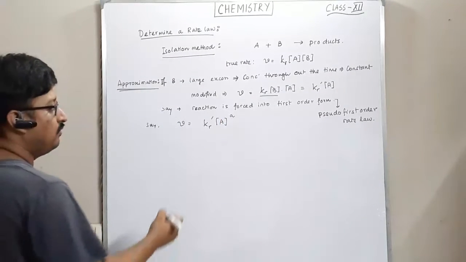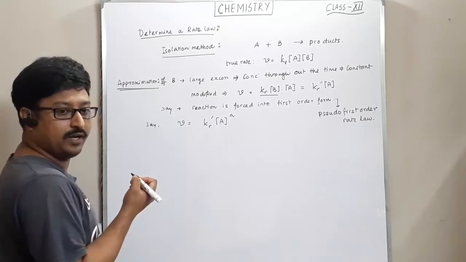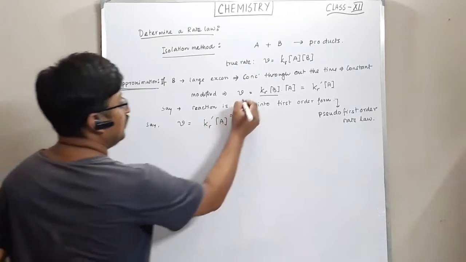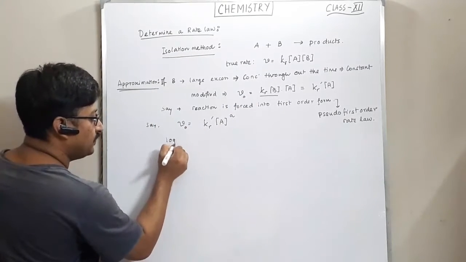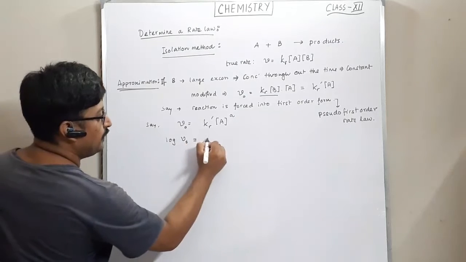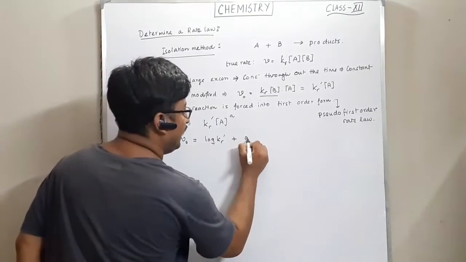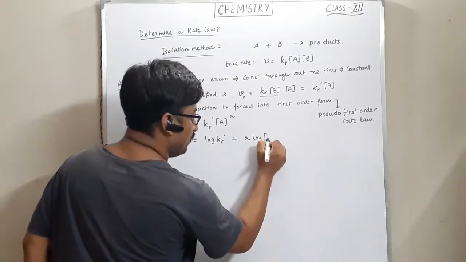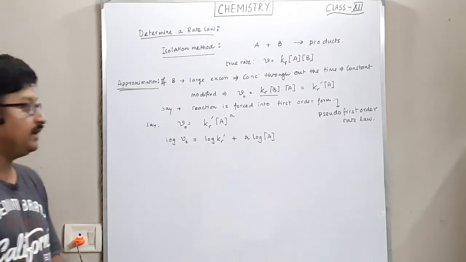Now let's take a logarithm on both sides. This is V0. So log of V0 will be equal to log of k_r prime plus a log of concentration of A. We can take that. Correct.